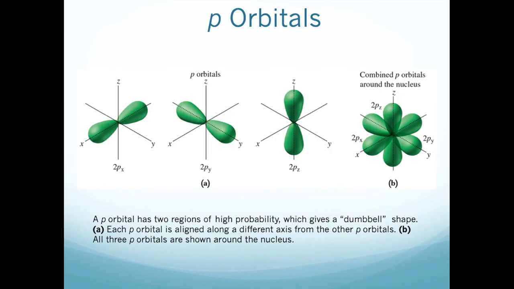Well, in the case of p orbitals, they look like this sort of dumbbell shape. And these dumbbells are oriented in 3 different directions, in your x, y, and z directions, as you can see here. So this is trying to draw a 3D coordinate system on a 2-dimensional slide. So you have to visualize this in 3 dimensions.